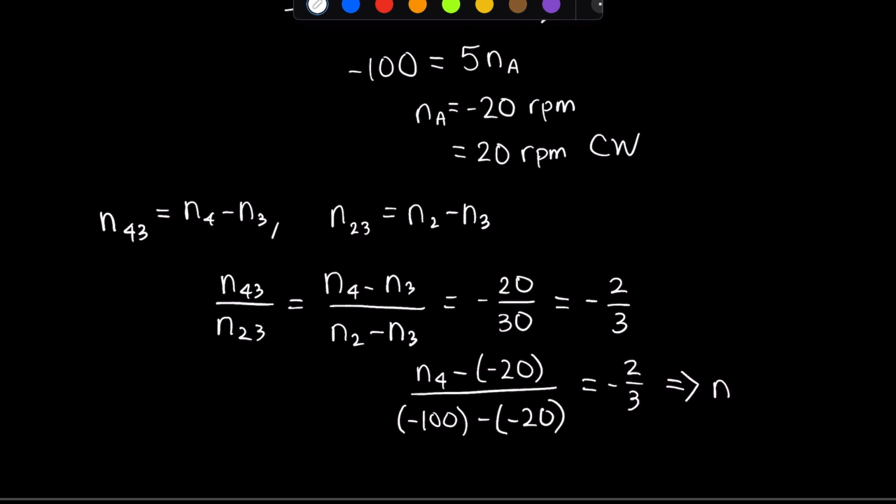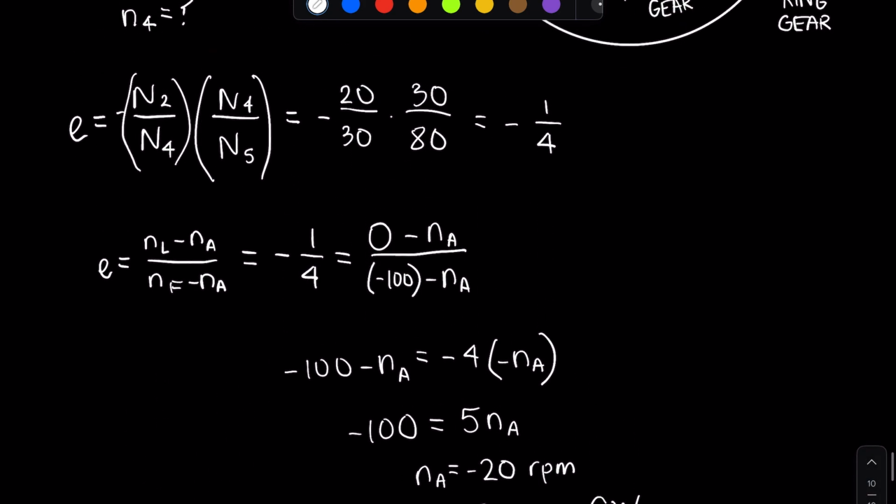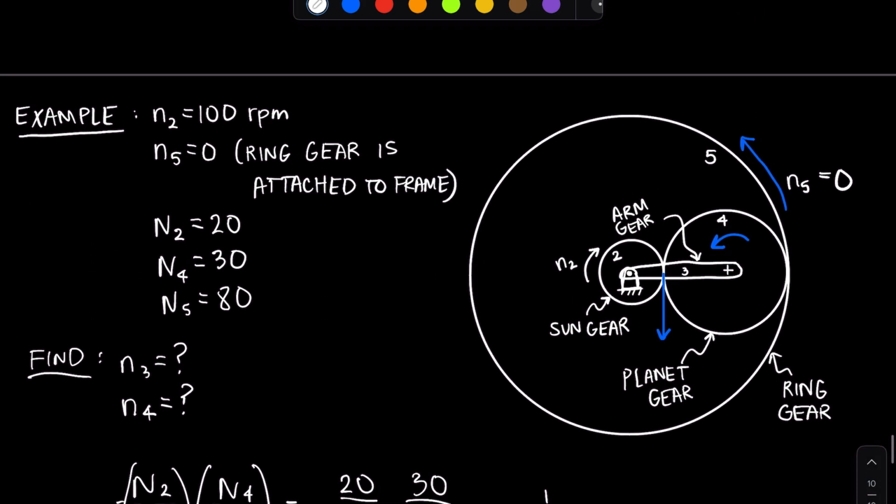So we can solve that for the speed of gear 4, our planet gear, and we get a positive 33.33, or 33 1/3 RPM, which, since we got a positive number, means that this is rotating counterclockwise, which makes perfect sense given our drawing up here.